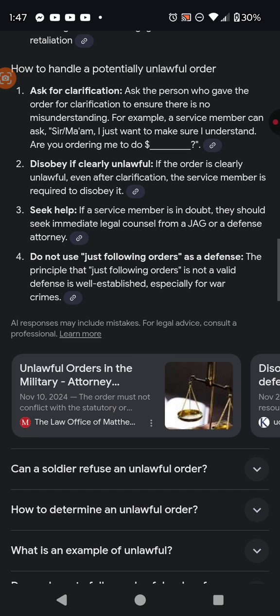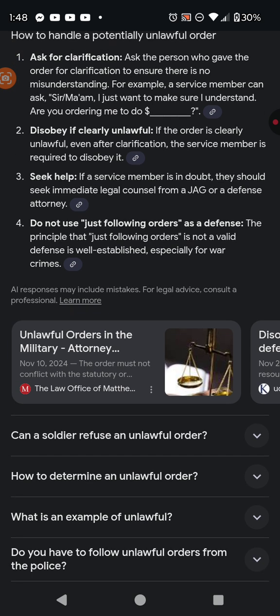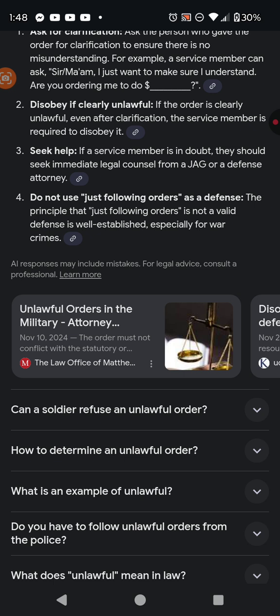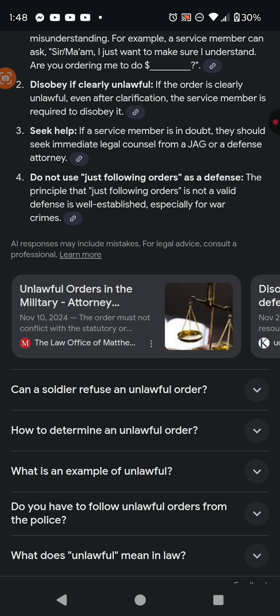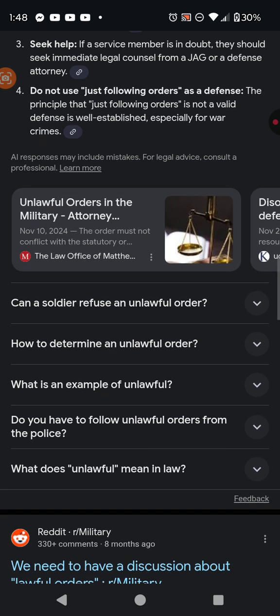If the order is clearly unlawful, even after clarification, the service member is required to disobey it. Seek help. If a service member is in doubt, they should seek immediate legal counsel from a JAG or a defense attorney. Do not use just following orders as a defense. The principle that just following orders is not a valid defense is well established, especially for war crimes.